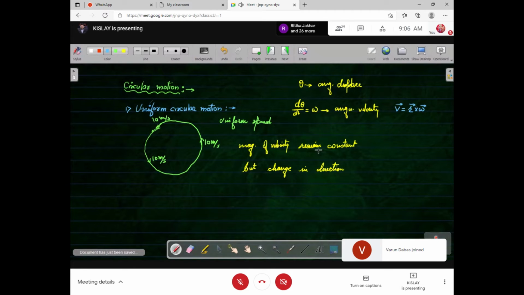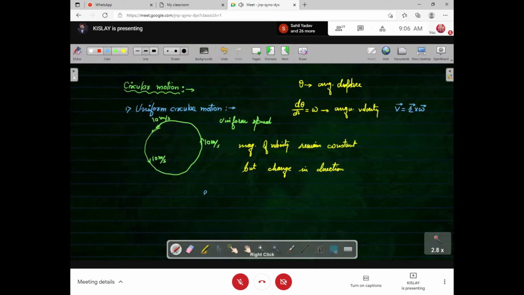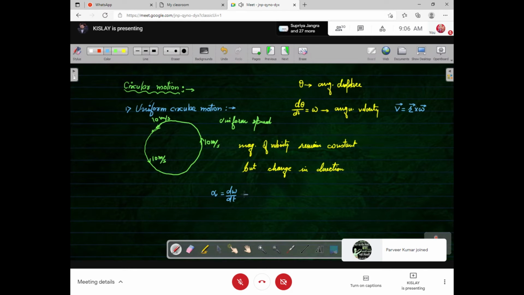Similarly, if we differentiate omega, we will get acceleration. Here acceleration is marked by alpha, since it is the angular acceleration. So alpha can be written as d omega upon dt, and d omega upon dt can also be written as d squared theta upon dt squared.